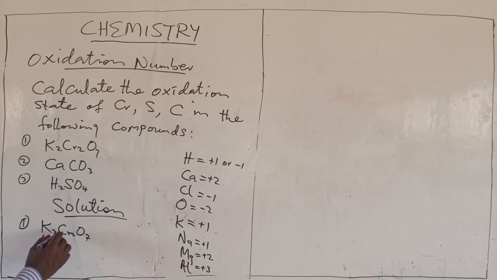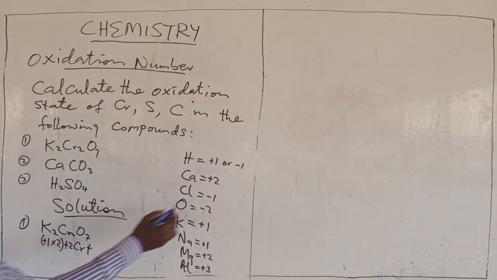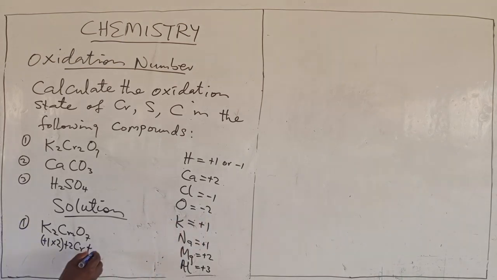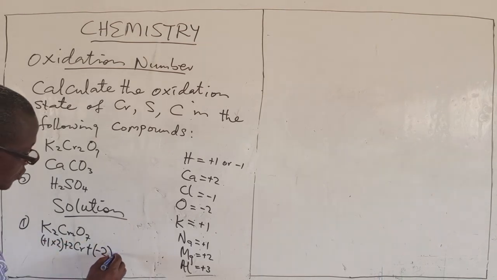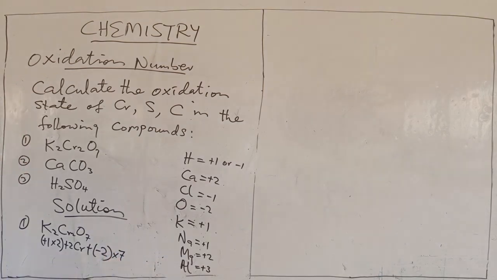Add it to the chromium that you don't know. Chromium are how many here? 2. I would rather put the 2 there. Plus add to that oxygen, which is what? Oxygen I said is -2. I will separate the plus and the -2. But how many atoms of oxygen are here? 7. So that means times 7.